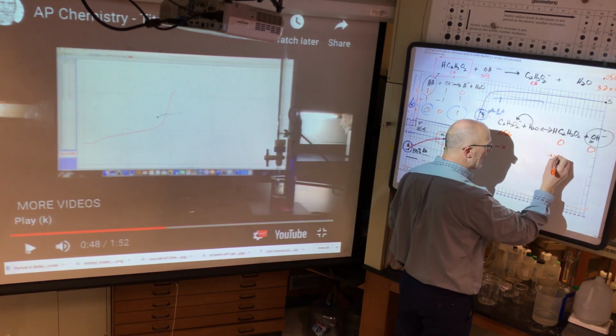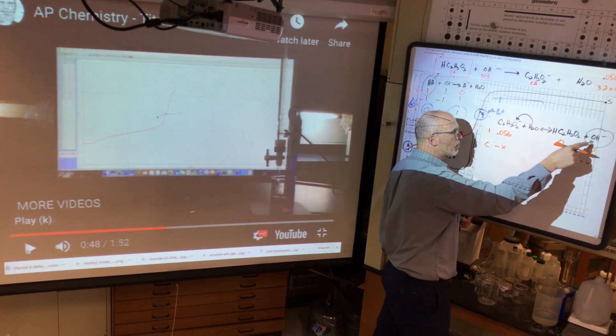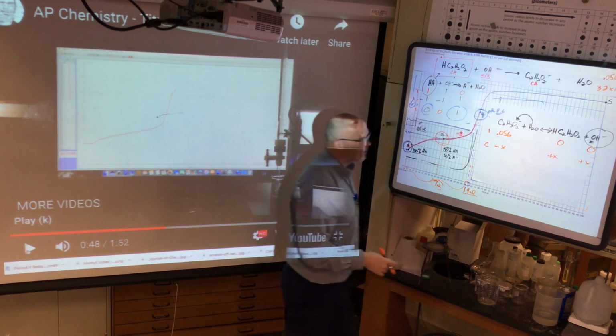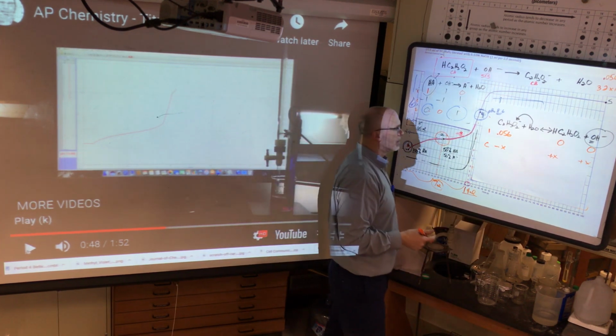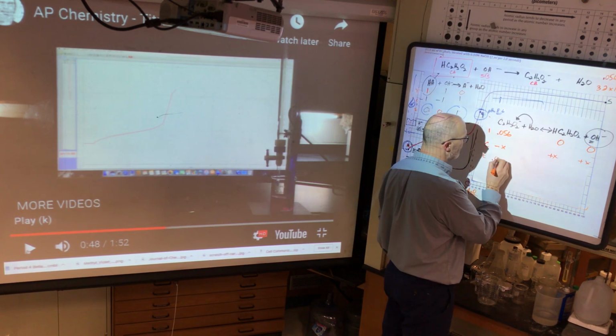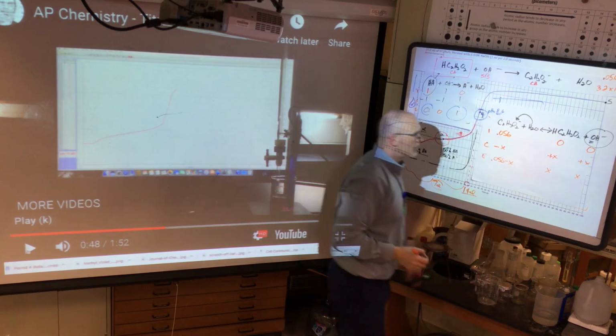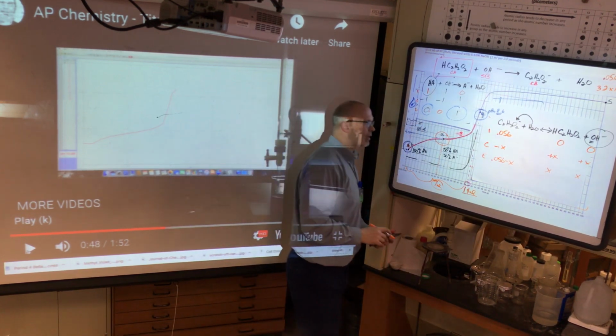This is going to be plus X, plus X. Notice the X's are the same. For one of these, we'll produce 1 hydroxide and 1 conjugate acid. So at equilibrium, we're going to have 0.056 minus X, and of course X and X.